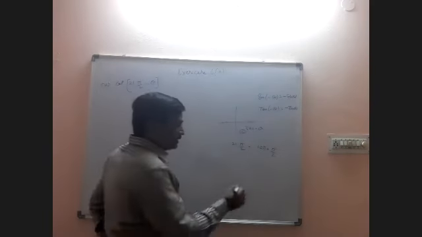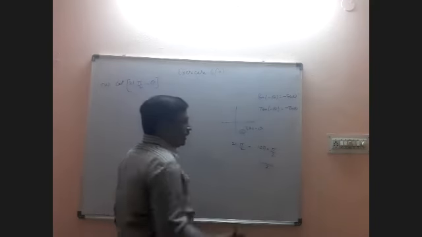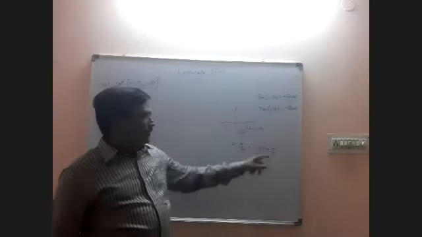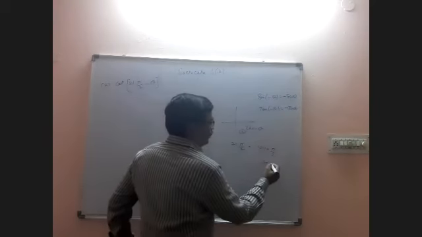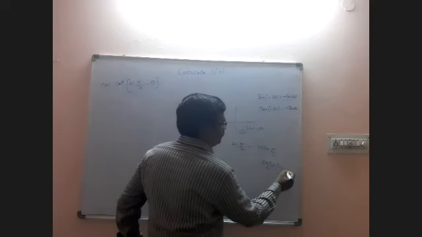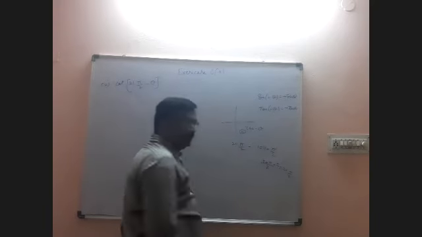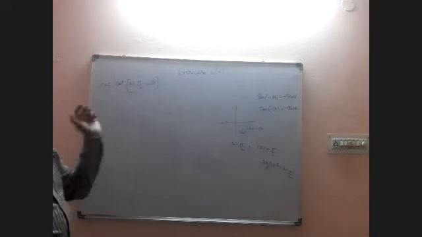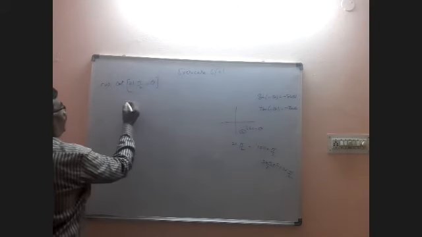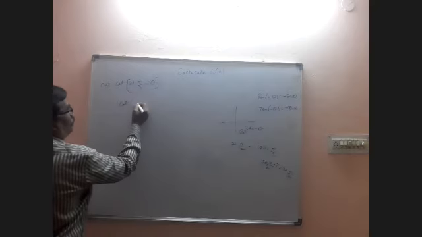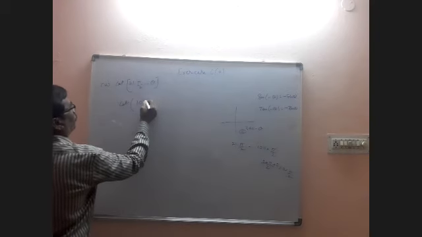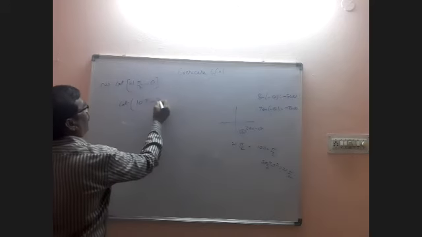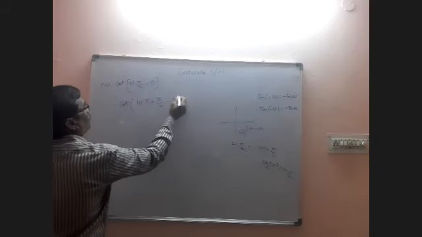If you take LCM 2, it is 20 pi plus pi, which gives 21 pi by 2. So I am splitting 21 pi by 2 like this: 10 pi plus pi by 2 minus theta.